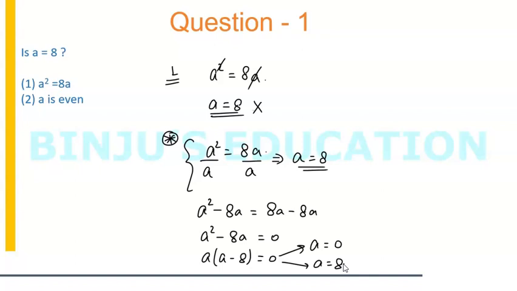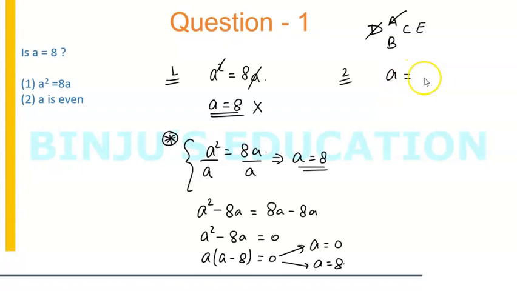Do we have a conclusive answer? No, we don't. So among the options A, B, C, D, E, option A goes out and D also goes out.